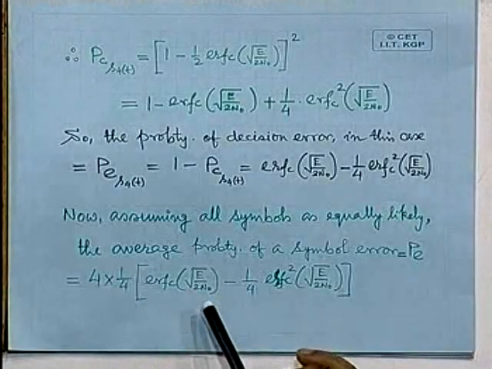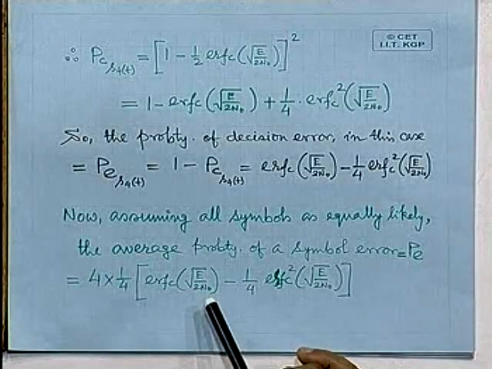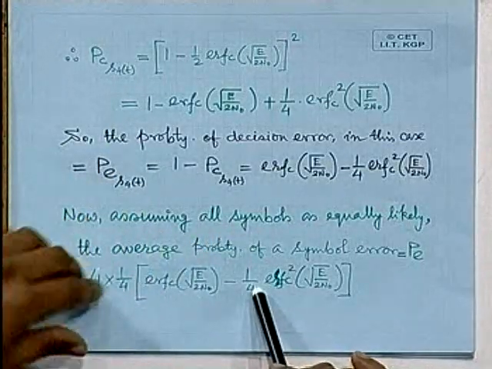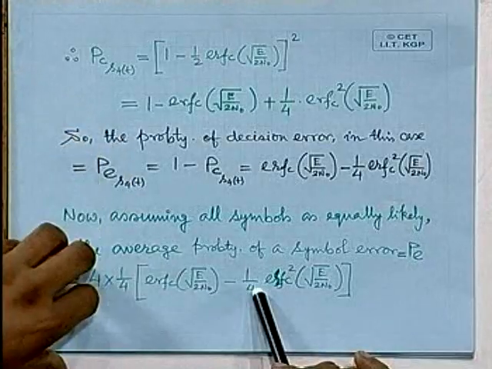In that case, am I going to overestimate or underestimate the error performance? Because we are overestimating, it is not a very bad idea, because the designer gets a value which is somewhat more than what it will actually be in practice. So if he uses this expression in his design, he is sort of overprotecting his system.